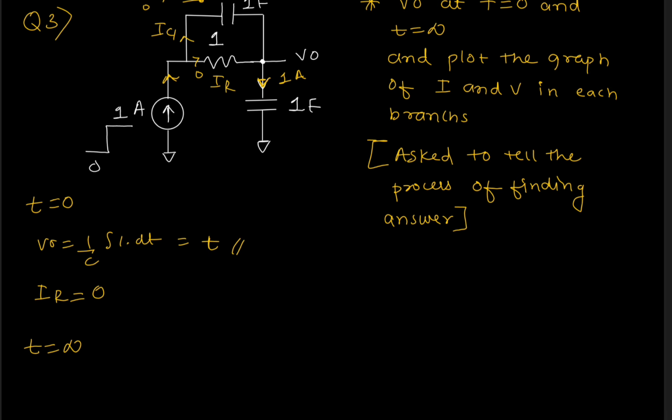So the whole current will be passing through the resistor. That's why at t is equal to infinity, IR is equal to 1 ampere. And we can also tell that VR is equal to 1 volt, and here VR was VC1.